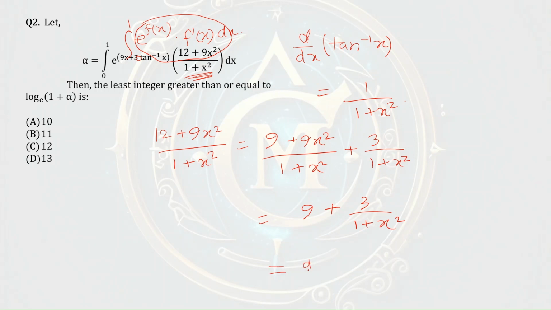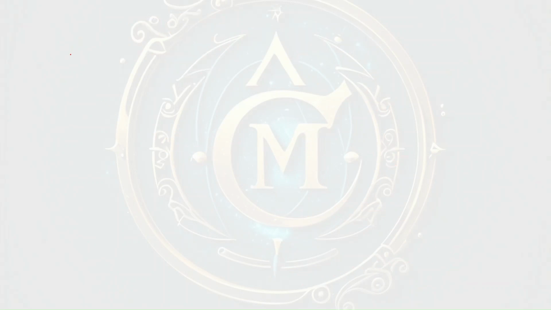This is nothing but the derivative of this function with respect to x. So we can write the given integral as integral 0 to 1 e to the power f(x) times f dash of x into dx, where f(x) is 9x plus 3 tan inverse x.